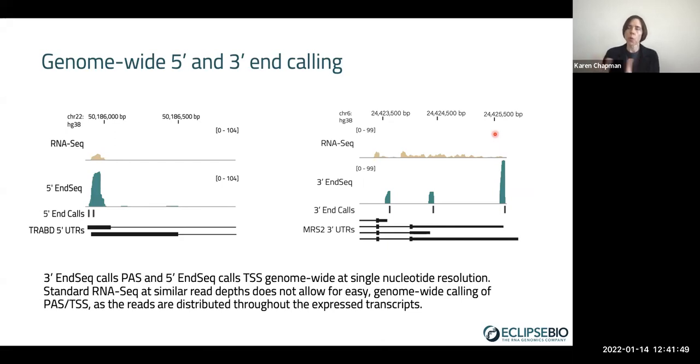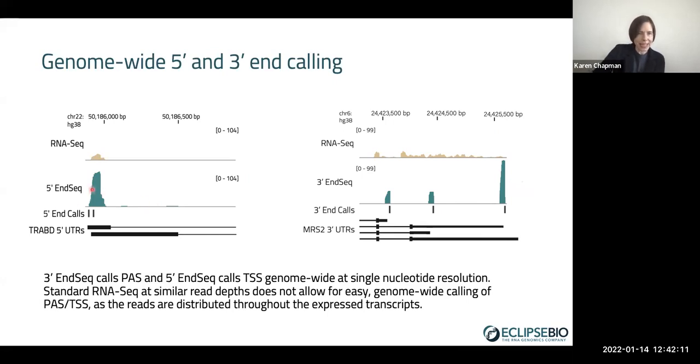And I'll show you some more data about how those reads are distributed. But really what that does is raise the level of effectiveness of the data in terms of calling that 3' end. Over here on the 5' end, again, we're really concentrating those reads right at that transcription start site.